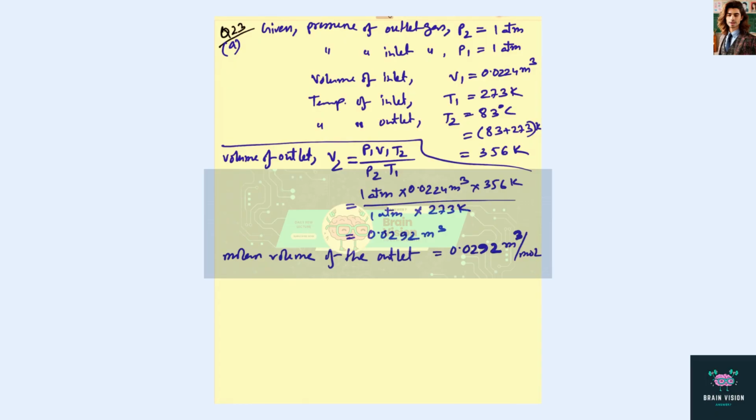Now it is given that the volume flow rate of the outlet is 311 meter cube per minute.